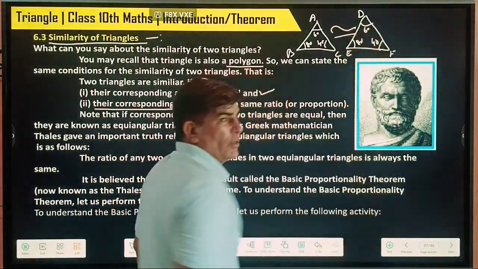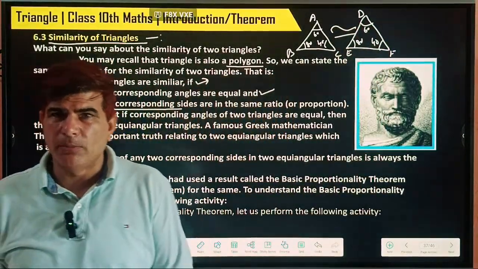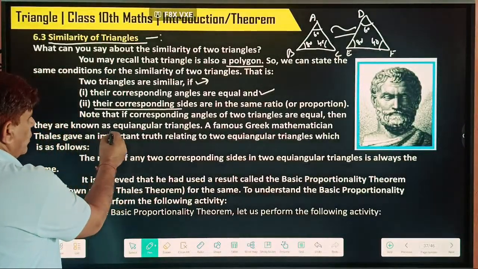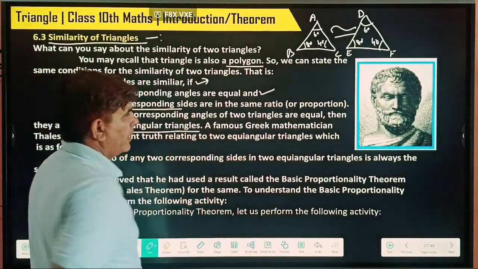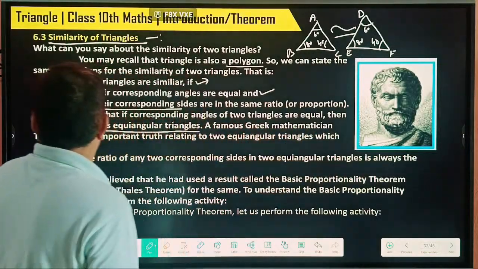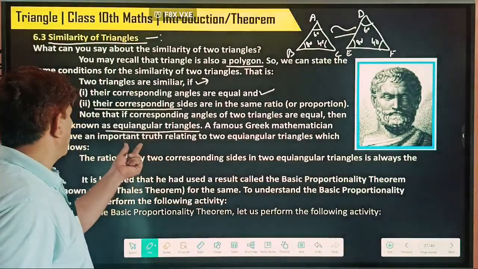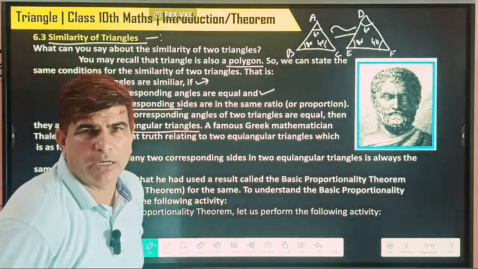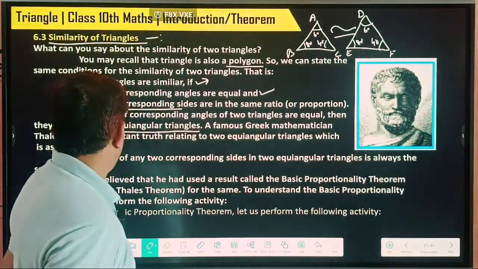Both are equiangular. So we know about equiangular triangles: the famous Greek mathematician Thales gave an important truth relating to two equiangular triangles, which is as follows.